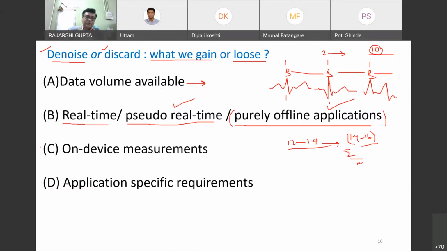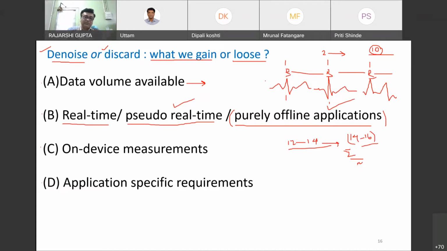So basically, defining pseudo real-time or real-time depends on what is the demand from the measurement, what is the latency that has been decided. I'm giving a simple example of pulse oximetry. A pulse oximeter is very common to us, and I think most of us purchased one due to this trying time last year or this year.